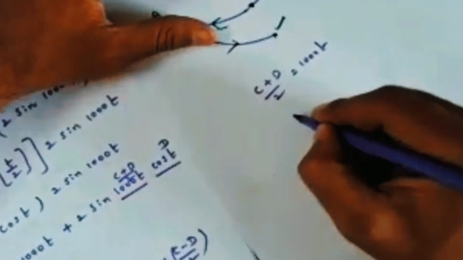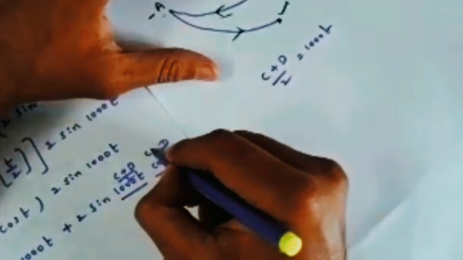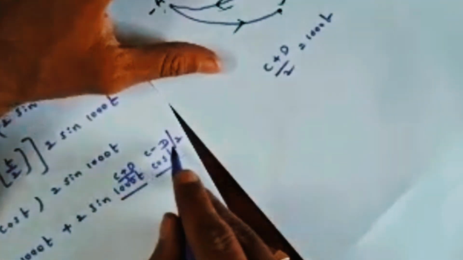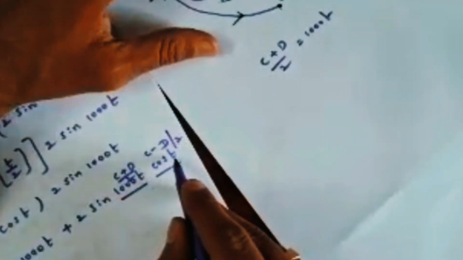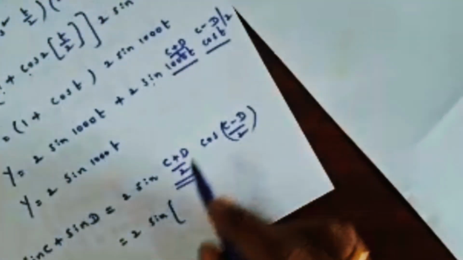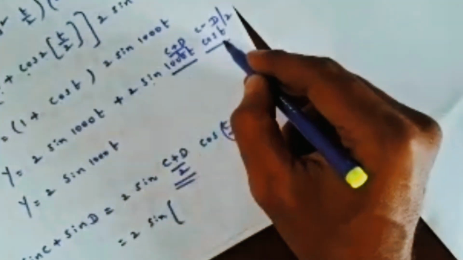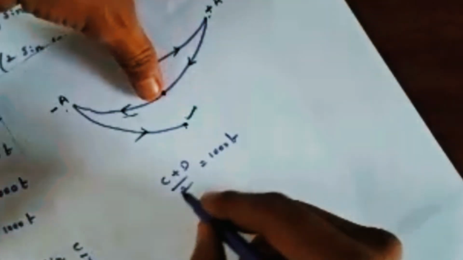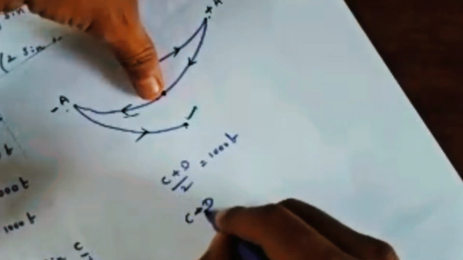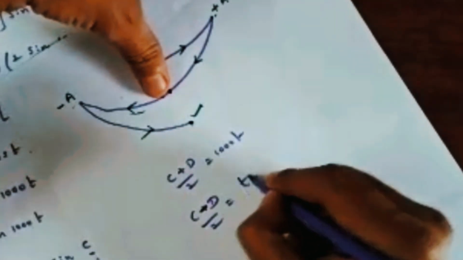Now, this is c minus d by 2. In the place of c minus d by 2, what's the value? T. So it means c plus d by 2 is equal to 1000 t, and c minus d by 2 is equal to t.